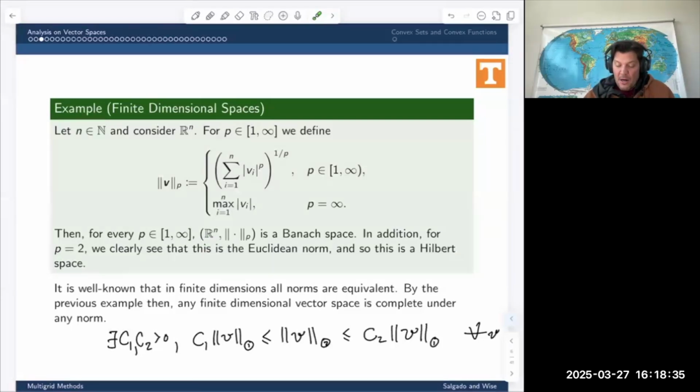It also means that a finite dimensional vector space is isometric to Rn for some n, as long as it's a real vector space, and that's all we're going to consider here. And therefore, we can say with certainty that every finite dimensional vector space is complete under any norm that we want to choose, as long as it's a good and true norm.